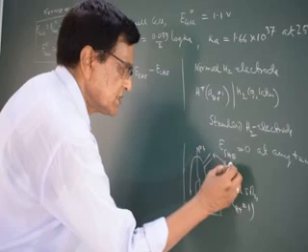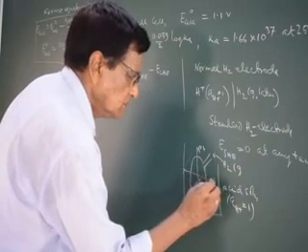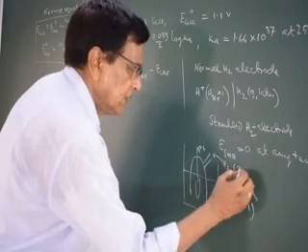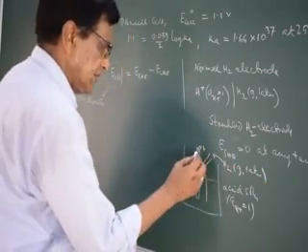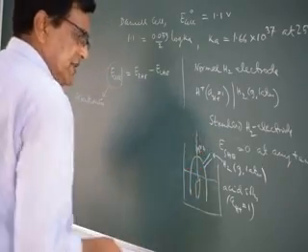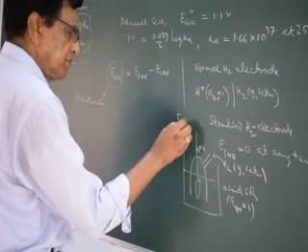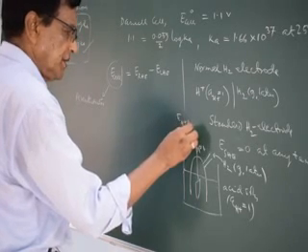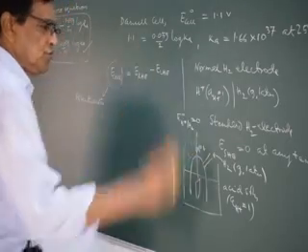Hydrogen gas is passed through the solution at 1 atmosphere, and these are the terminals. The potential of these terminals, E naught of H plus oblique H2, is taken as 0.